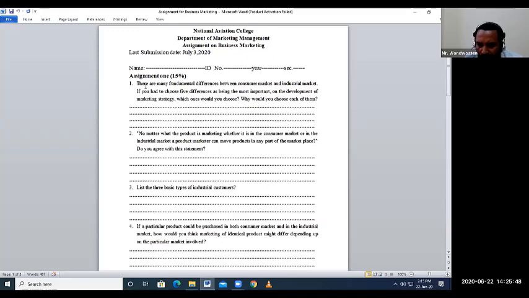When the government waives the tax, the price may decrease because of the tax waiver.